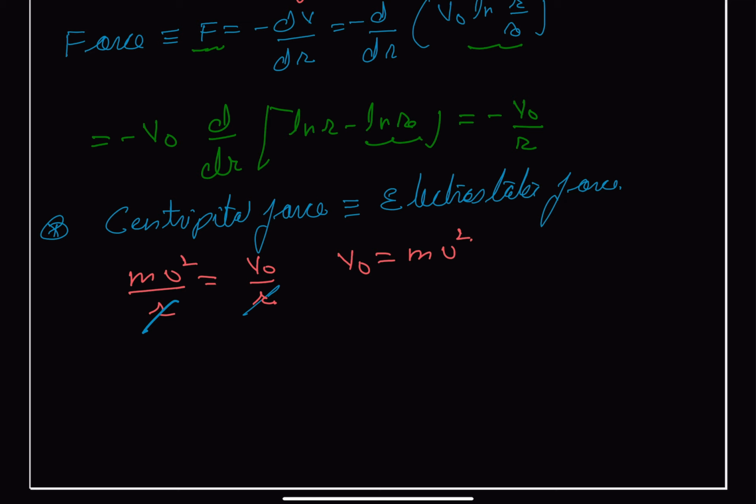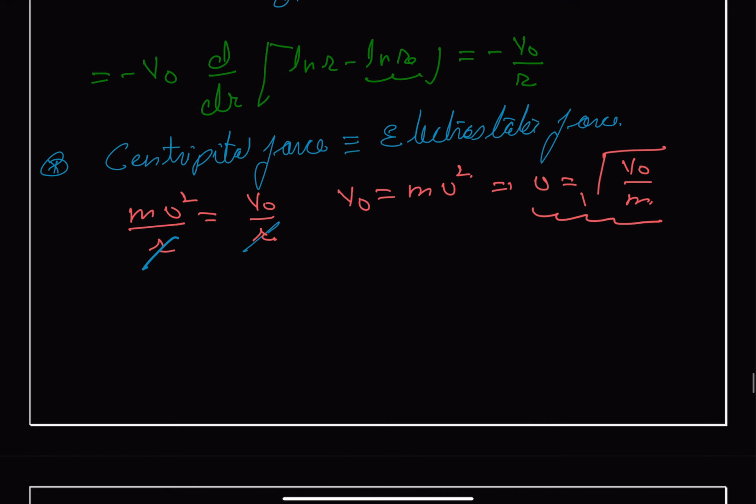So our v will be equal to the square root of V naught upon m. V naught is a constant, m is also constant, therefore we can say that our velocity is independent of r entirely from this equation, or we can say this is constant.